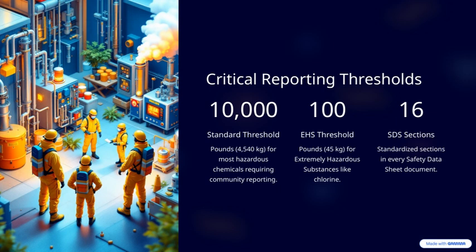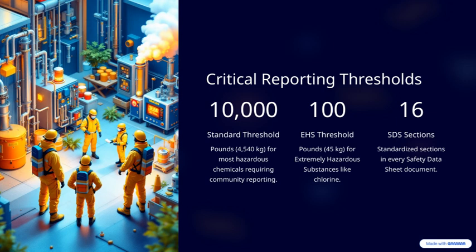For substances that are hazardous enough to require community reporting, the threshold is much higher, around 100 pounds, or about 4,540 kilograms. This means that if you're handling or storing more than that amount, there's a legal obligation to report it to the community. And then we have the critical reporting threshold, which is set at 10,000 pounds.